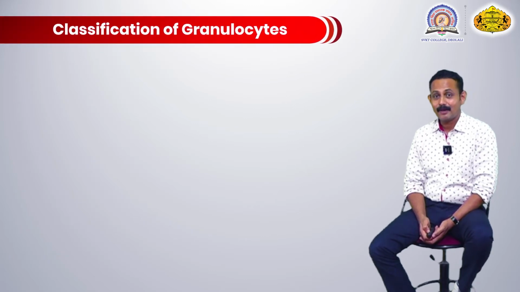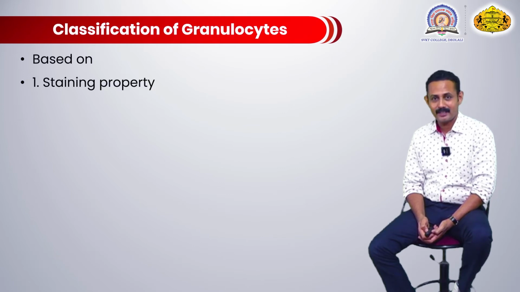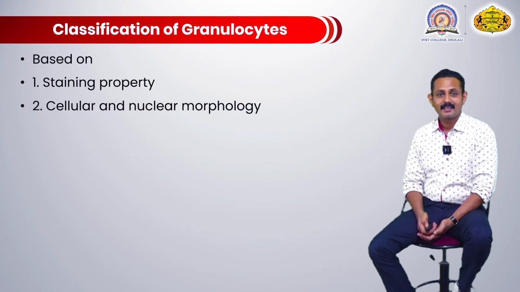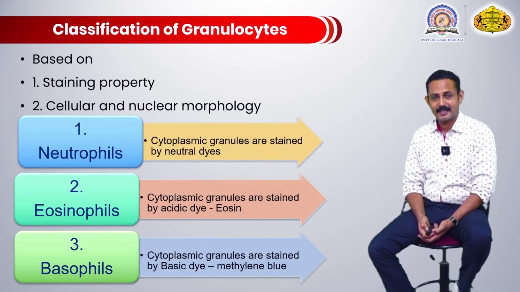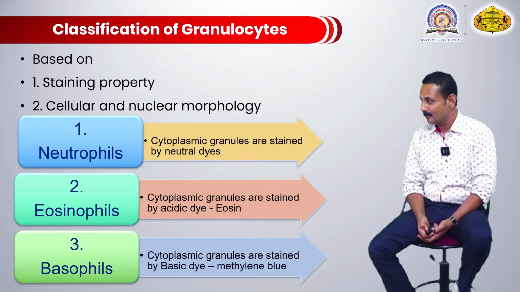So these granulocytes are classified based on their staining property, meaning the granules present in the cytoplasm are stained by different stains having different pH, and on their cellular and nuclear morphology. As per that, there are three types of granulocytes. One is called neutrophils, because the granules of this cell are stained by neutral dyes.